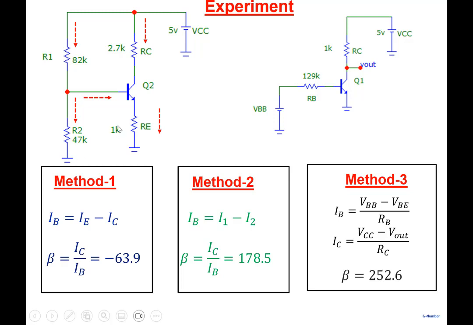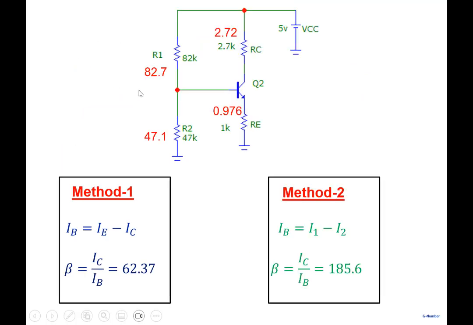So we said, let's not use the value that is written on the resistor code, 2.7 and all that. Let's actually use a multimeter and measure the values. So we did that. The actual value, instead of 82, is 82.7. This came out to be 47.1.